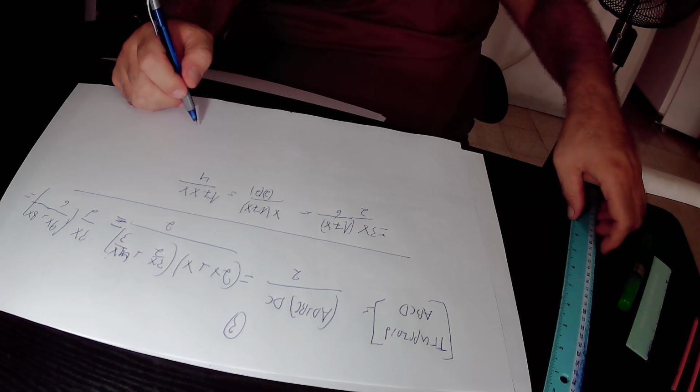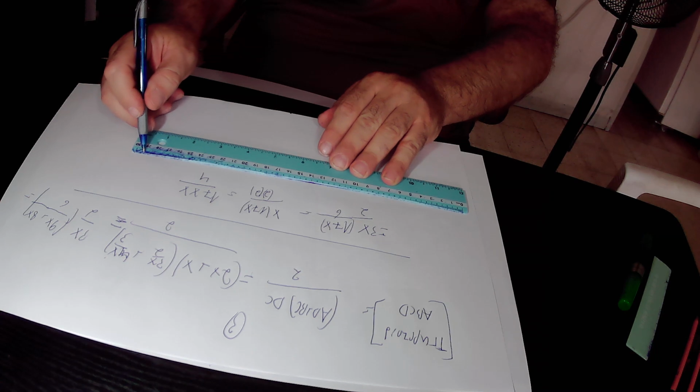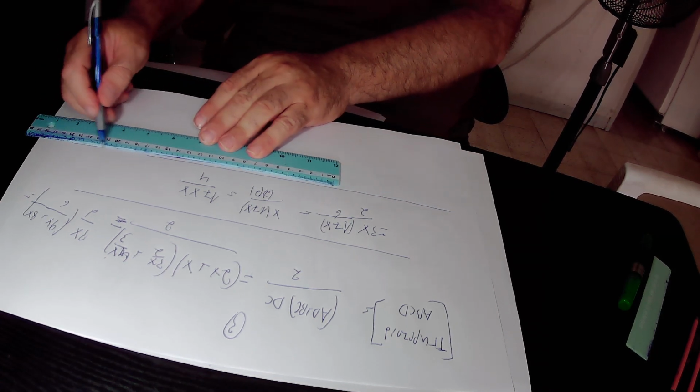So in total the area of trapezoid ABCD equals 17 over 4 times x squared.